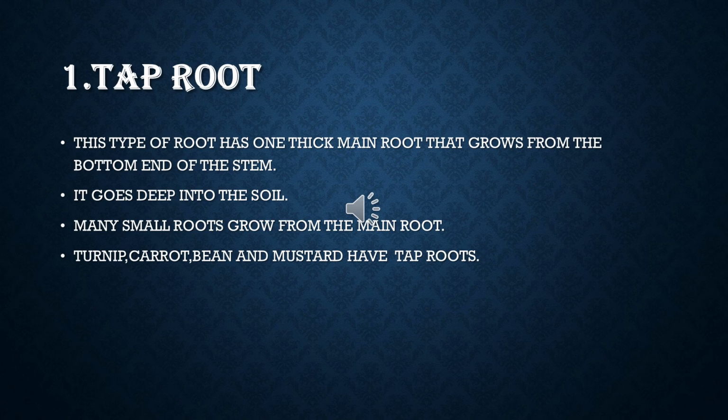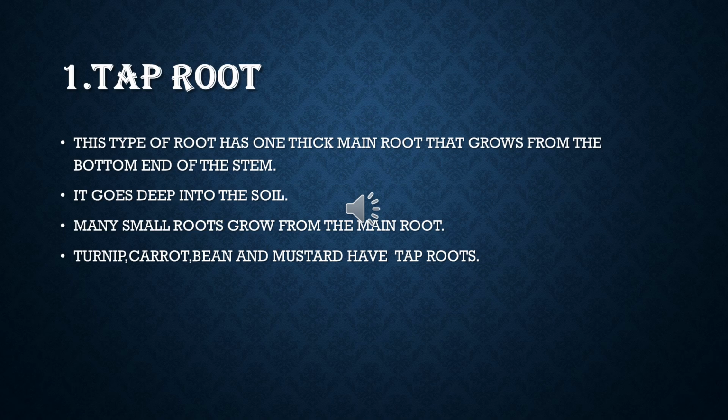Roots have different shapes and sizes. They are of two main types, taproot and fibrous root. First one is taproot. This type of root has one thick main root that grows from the bottom end of the stem.